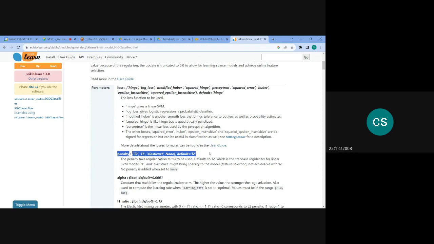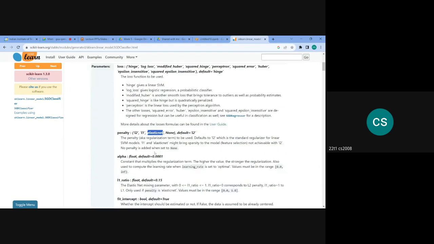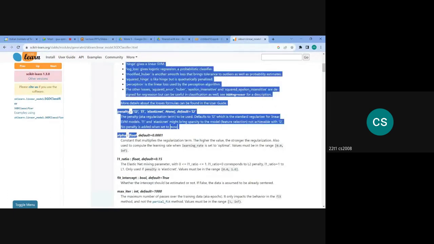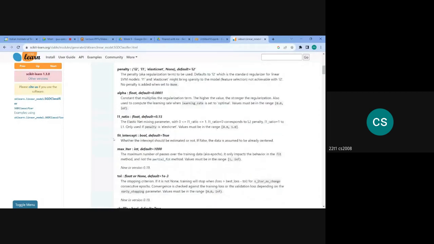Then for penalties, L1 is lasso, L2 is ridge, and elastic net is L1 plus L2. Penalties, alpha value. If we increase the alpha, then it will start making the model underfit. If we have low alpha, then it will overfit.